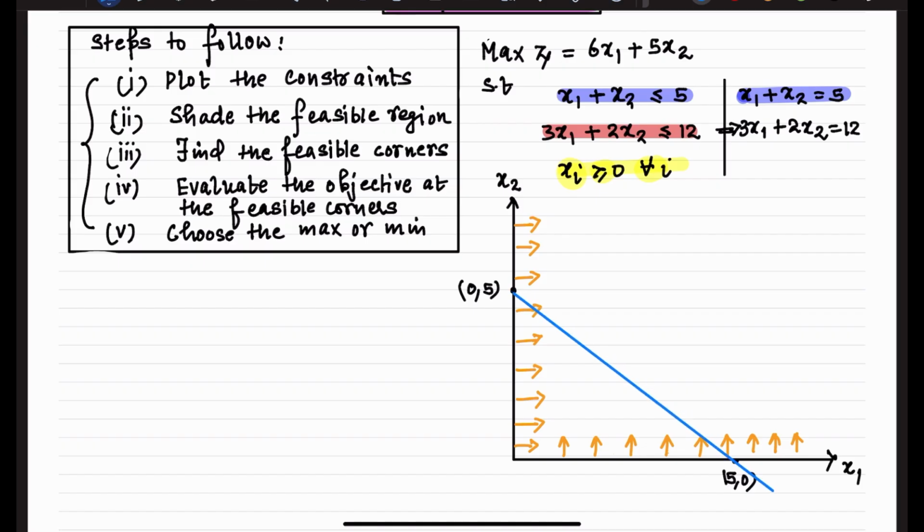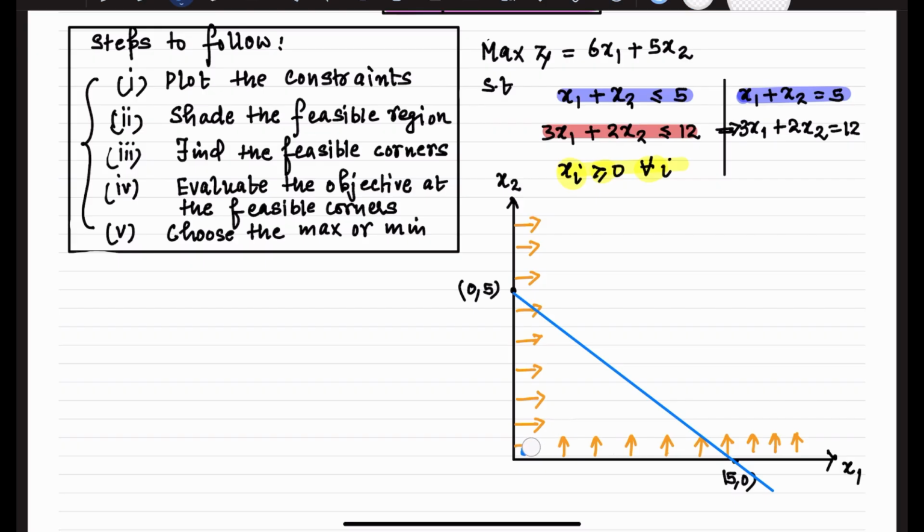Now you decide which side of the region you should be. See, there is this side facing towards the origin and there is another side facing away from the origin. So there are two possible cases. Now, which one amongst them should you choose is the question. How to decide that?